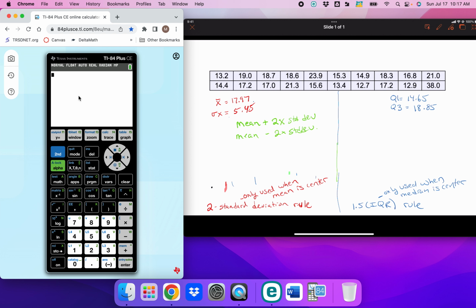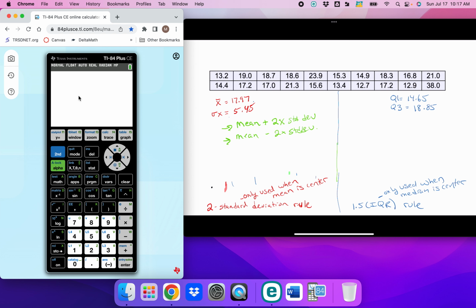Anything above the first one or below the second one would be an outlier. So let's do that math.